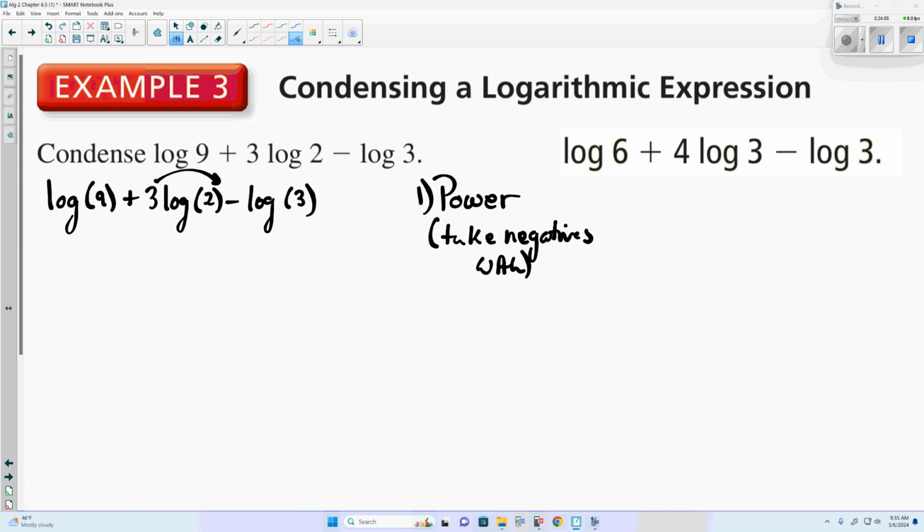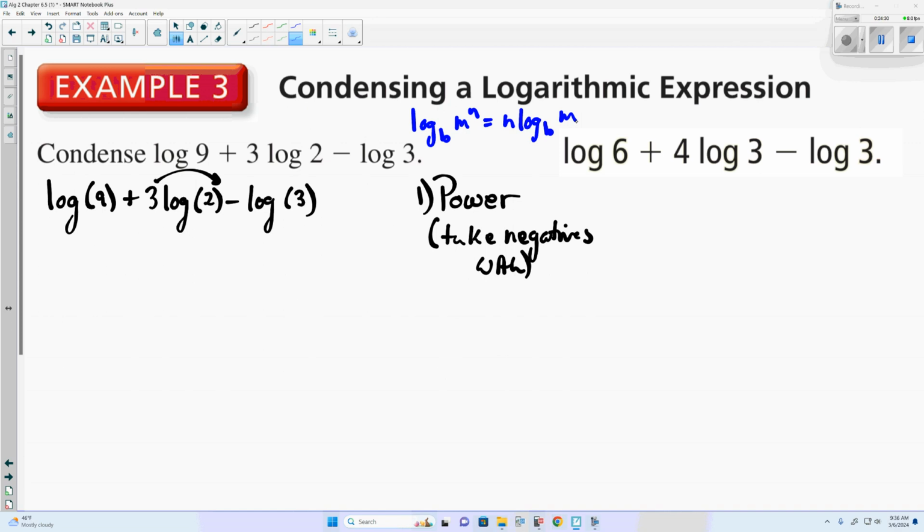Because our power property stated, and I can write it above, that log base b of m to the n is equal to n times log base b of m. It works both ways. Because if we have n times log base b of m, it means it's the same as log base b of m to the n. Yes?